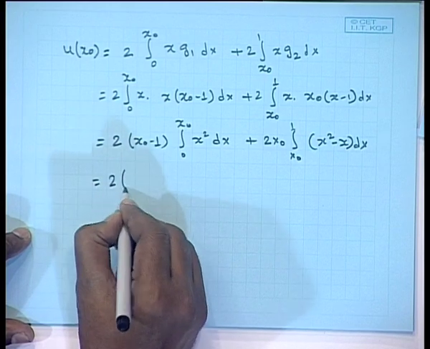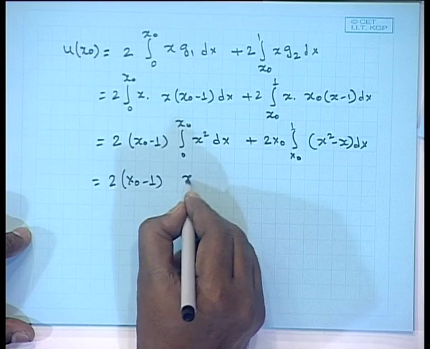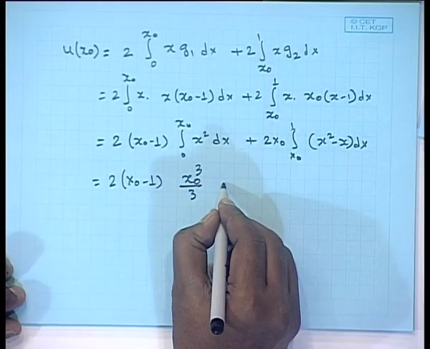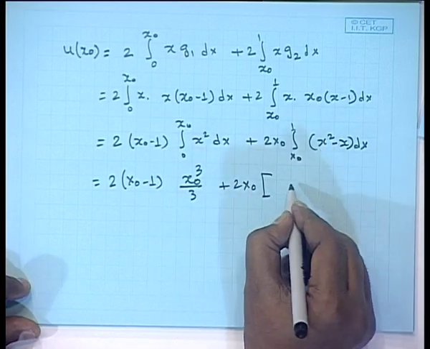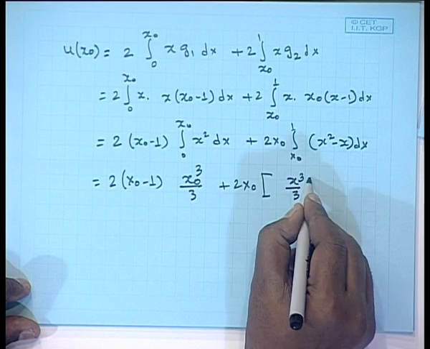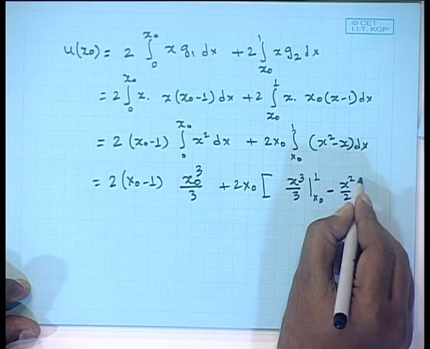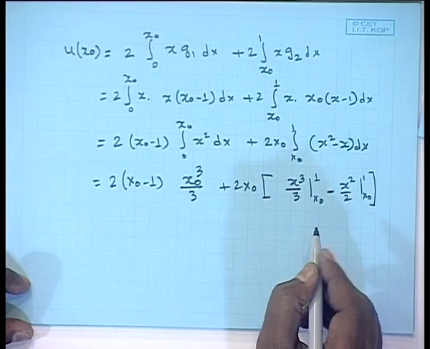Okay. So you will be getting 2 x naught minus 1, this will be x cube by 3. So it will be x naught cube by 3, putting the limits, lower limit will be equal to 0, plus 2 x naught, it will be x cube by 3 from x naught to 1, minus x square by 2 from x naught to 1. Okay.